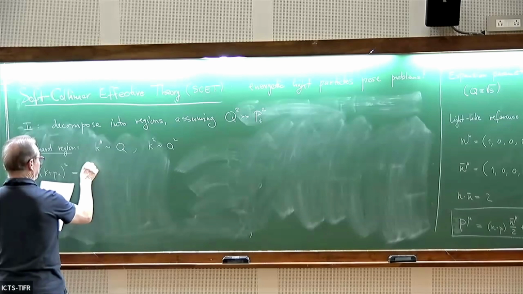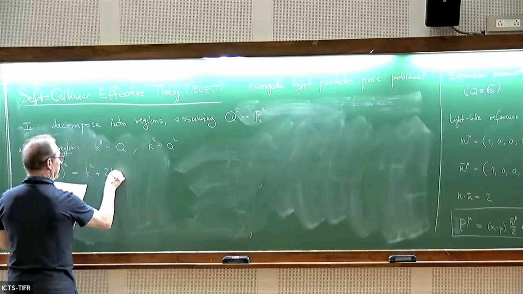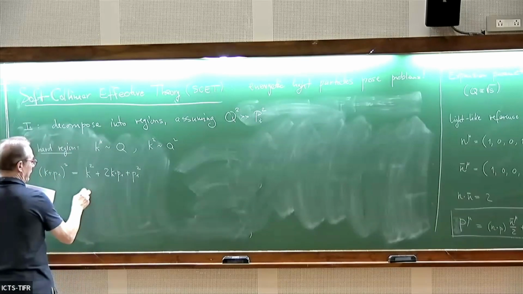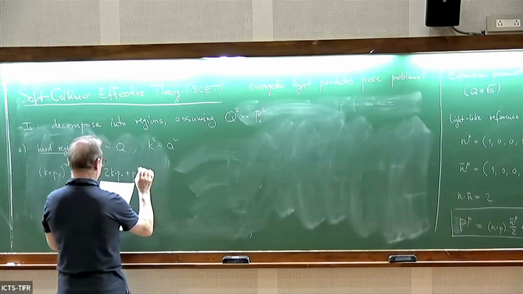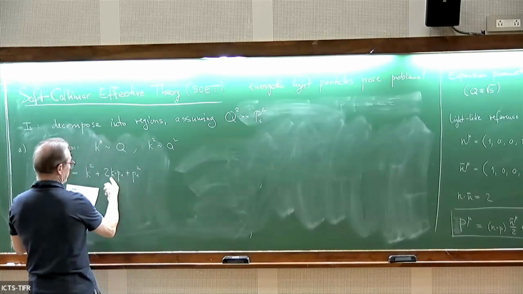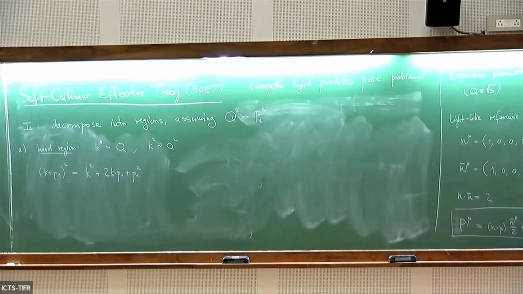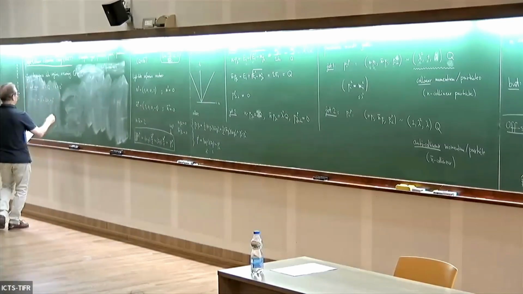We write this down, k squared plus 2 k dot p1 plus p1 squared. Now k squared is of order q squared. Oh, well, anyway, let's first continue. This is a product of two momenta. I wrote you here how to write down the product of two momenta in light cone components.